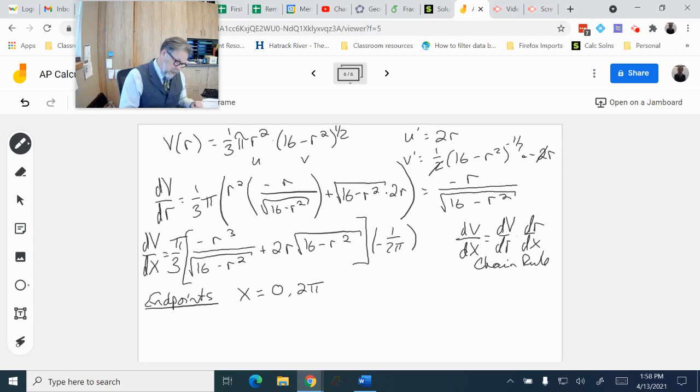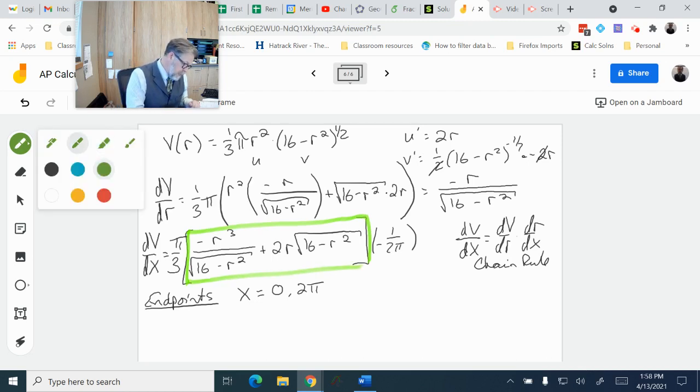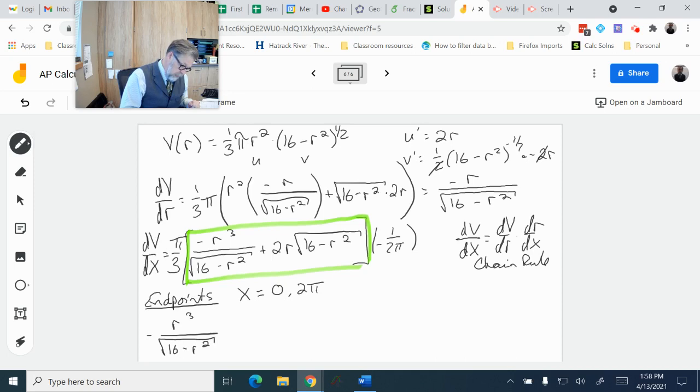For my critical points, I want to set this whole thing equal to 0, which means I just need to set the part in the parentheses equal to 0. And what I get here is negative r cubed over square root of 16 minus r squared plus 2r square root 16 minus r squared is equal to 0.